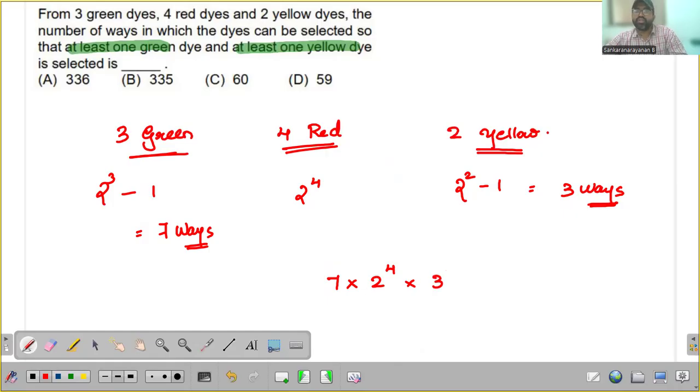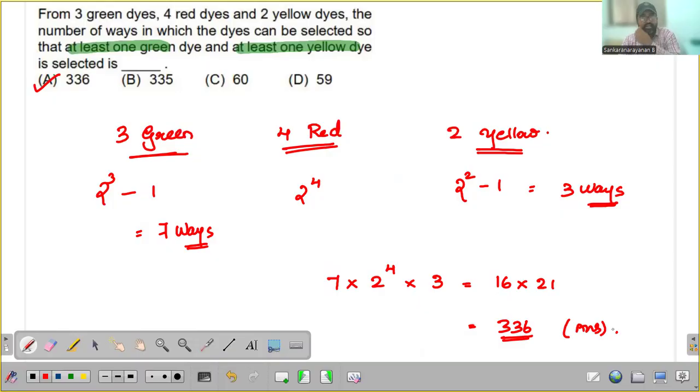So 2 2s are 4, 4 2s are 8, 8 2s are 16. 16 into 7, 3s are 21. I can say this answer is 16 into 21. This will come here as 336. Okay. So for this particular question, option A, it reads 336, and that is going to be my answer.